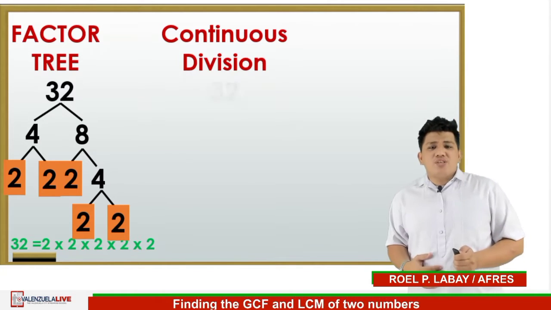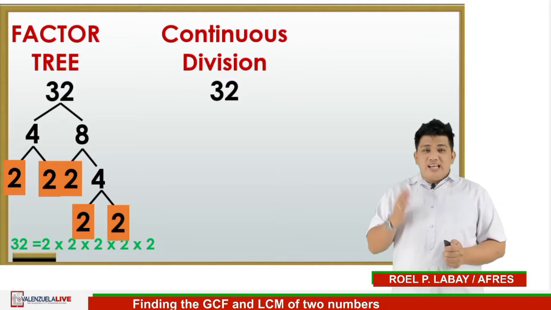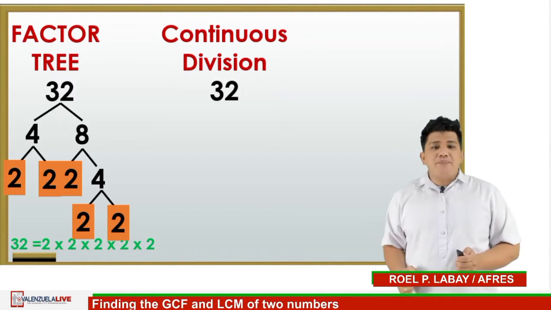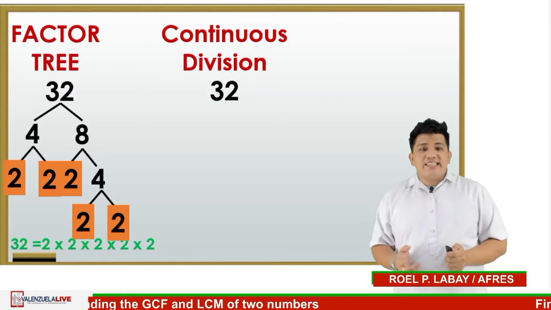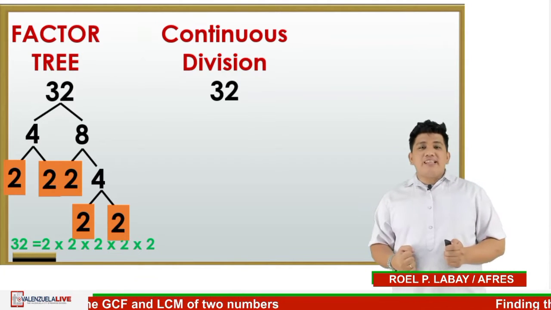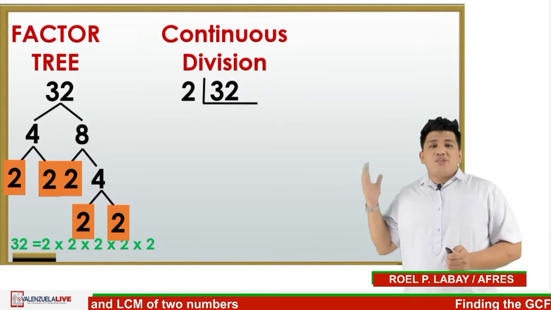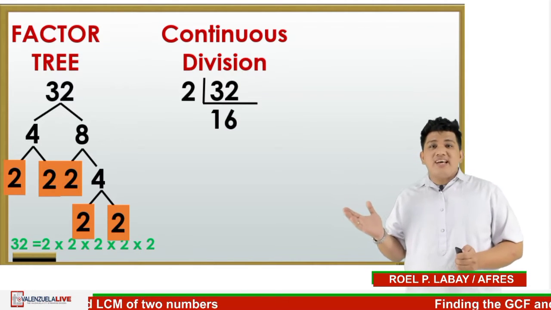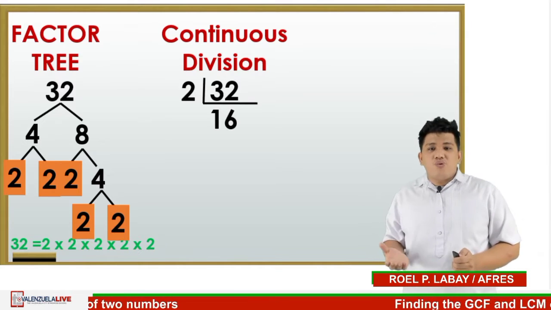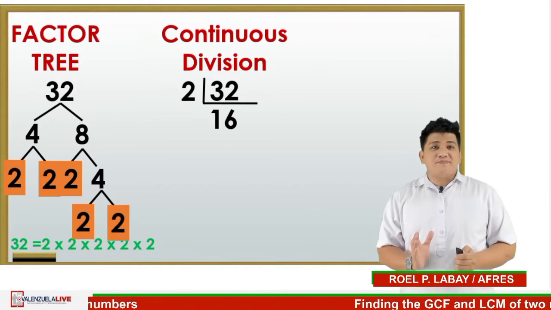Now, let's use continuous division to get the prime factors of 32. Let's divide 32 by its prime factor. We will think of a prime number that we can divide to 32. Very good. We can divide it by 2 and we will put this continuous division symbol. 32 divided by 2, the answer is 16, and we will place it below 32. Let's think again of a prime number that we can divide to 16. Very good.